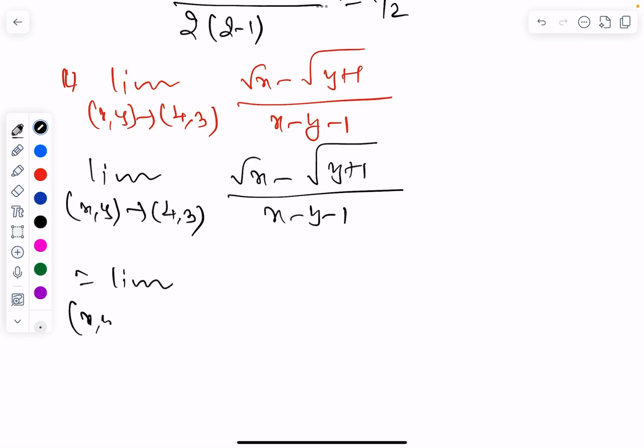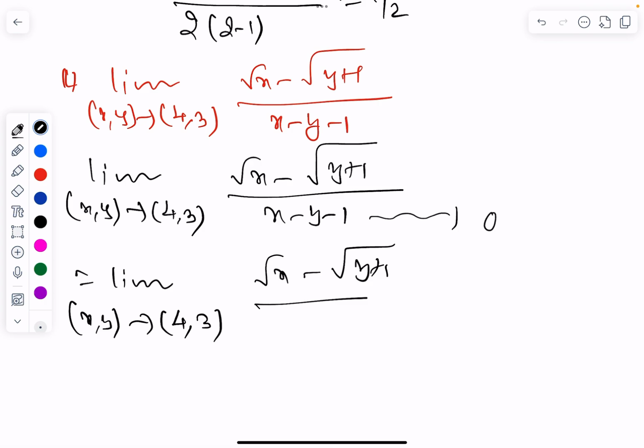This we can write as limit xy tends to 4, 3. Now if we plug in the values 4 and 3, this will tend to 0. So we need to resolve this.